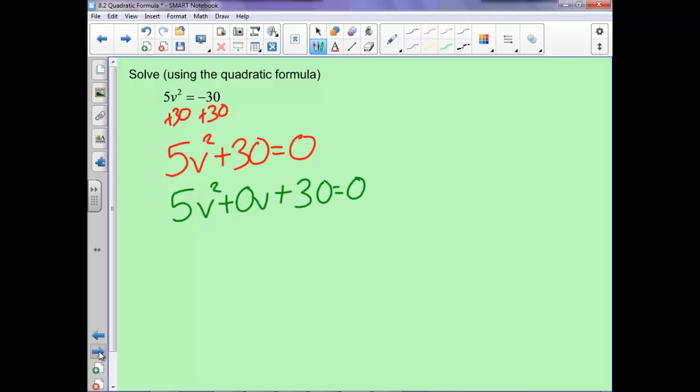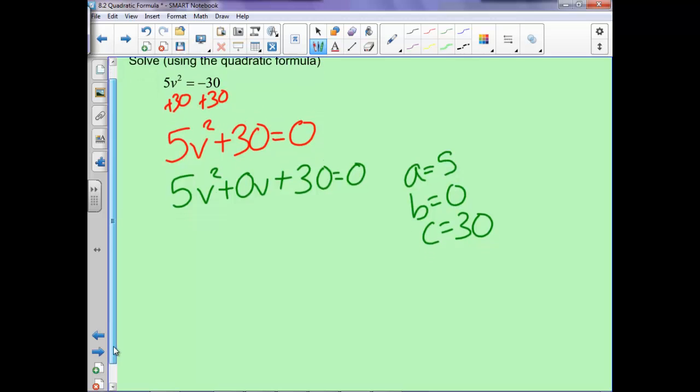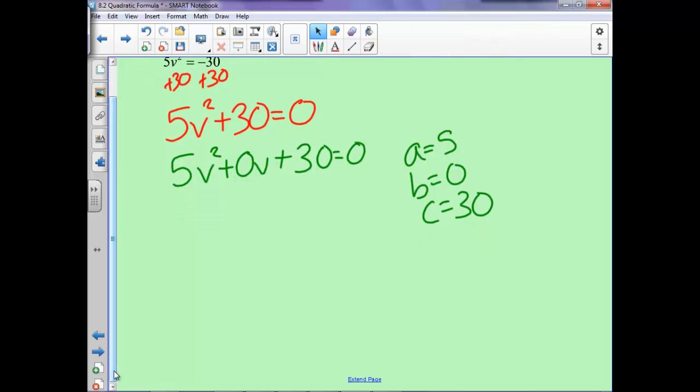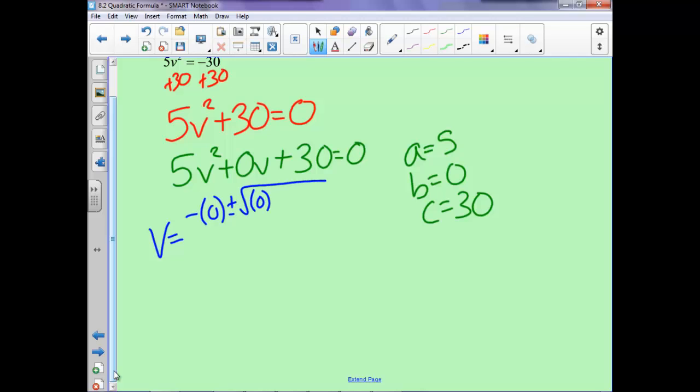And now our a will be 5, our b is 0, and our c is 30. So when we use our quadratic formula, negative b plus or minus square root of b squared minus 4ac, all over 2a.